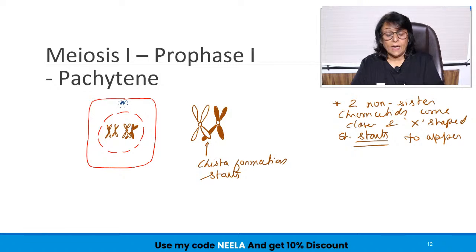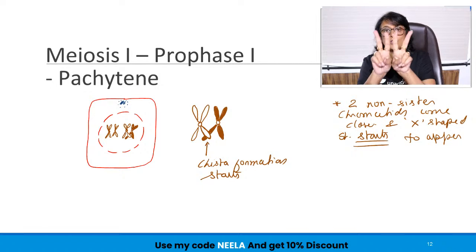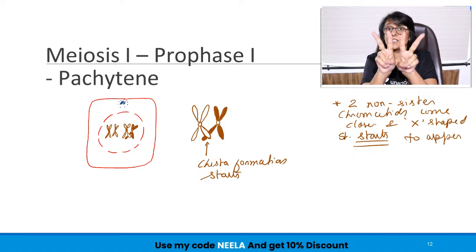Okay. At how many places can crossing over take place? Crossing over can take place maximum at 4 places between the homologous pair. So if this is the homologous pair, the splitting has taken place. So crossing over can be between the two non-sister chromatids and these two non-sister chromatids, and this is on the upper end.